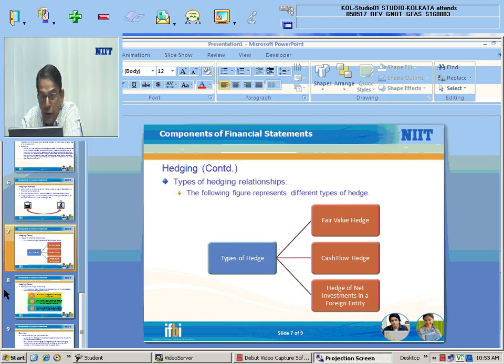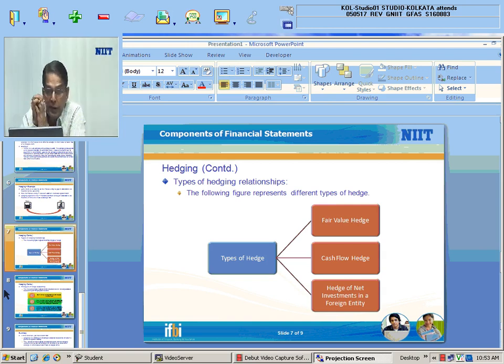This is the example of a cash flow hedge. And third, a net investment in foreign operation is the amount of the reporting entity's interest in the net assets of another entity, that is subsidiary, associate, joint venture or a branch of the reporting entity. So these are the three kinds of hedge: fair value hedge, cash flow hedge, or hedge of the net investment in a foreign entity.